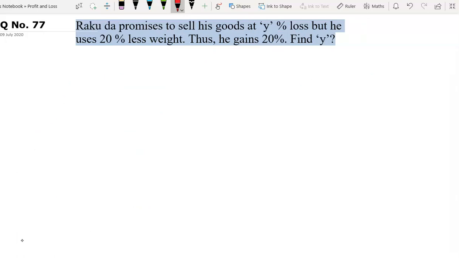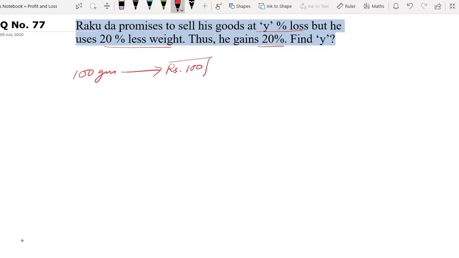Question number 77. Rakuda promises to sell his goods at Y% loss, but he uses 20% less weight. Thus he gains 20%. Find Y. Let's say Rakuda sells 100 gram of goods and the cost price of 100 gram is rupees 100.